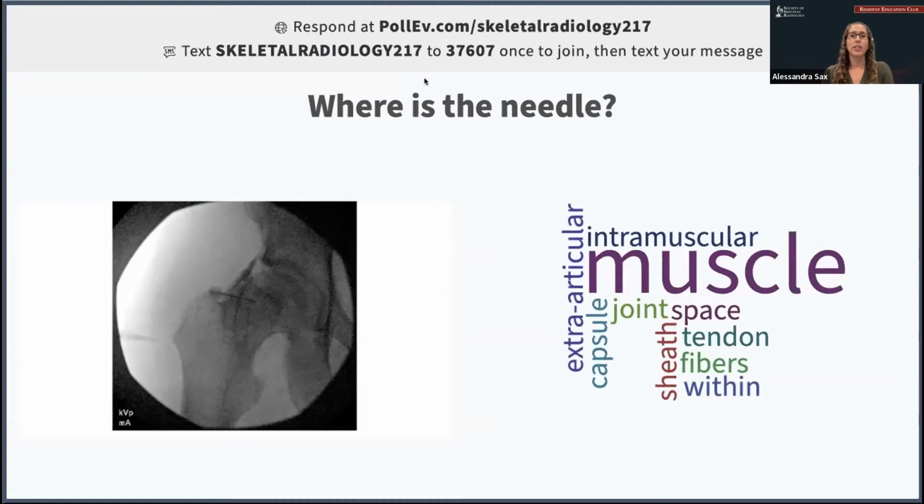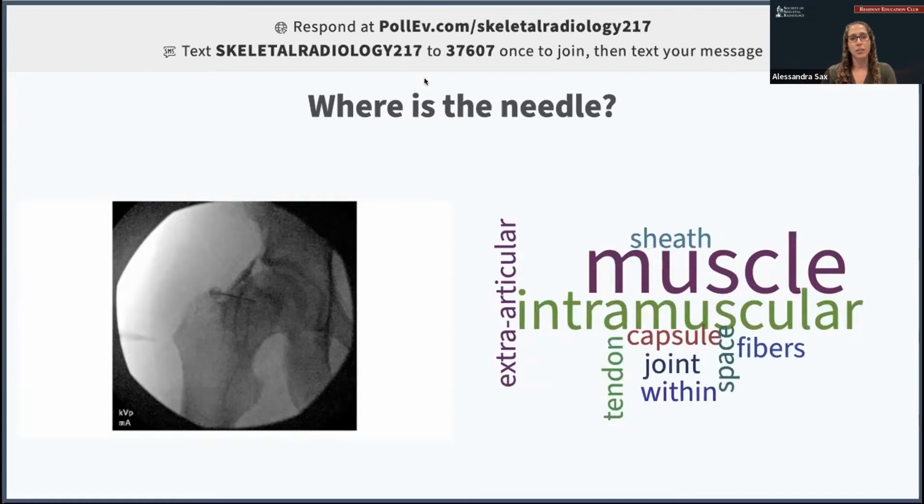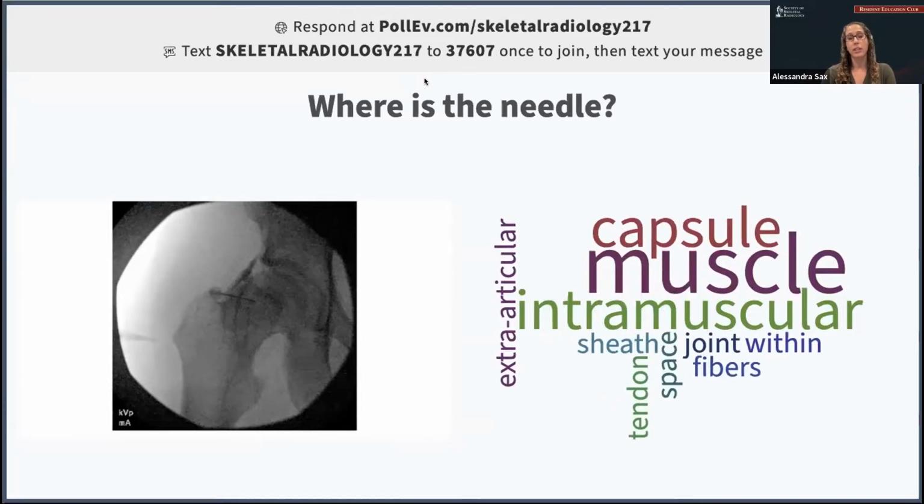Exactly. So it sounds like we're leaning towards it is not in the joint. And that is correct. This was actually not done by a radiologist. It was done by a PA.